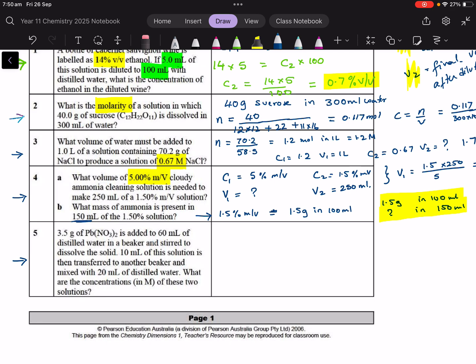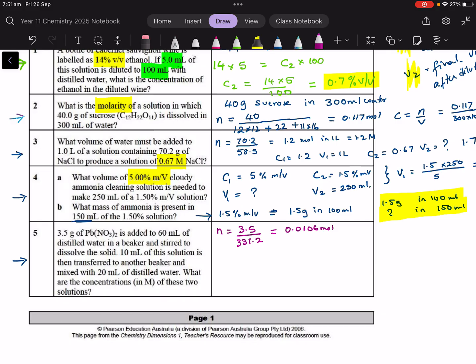So the first solution we will go with is find out the number of moles of Pb. 3.5 divided by molar mass of PbNO3 is 331. You can calculate this yourself by using the molar masses of lead, nitrogen, and oxygen in correct proportion, and that will give you the molar mass of lead nitrate, and you're going to calculate that as 0.0106 moles.